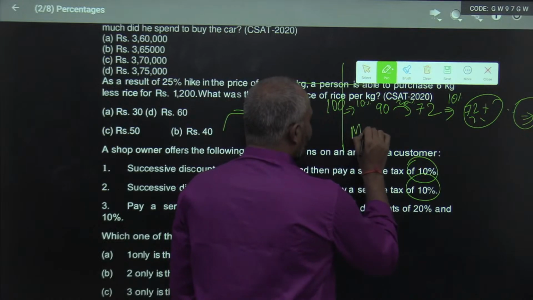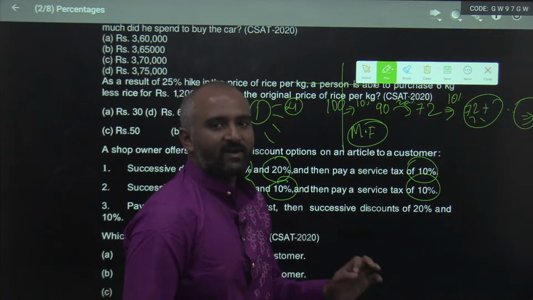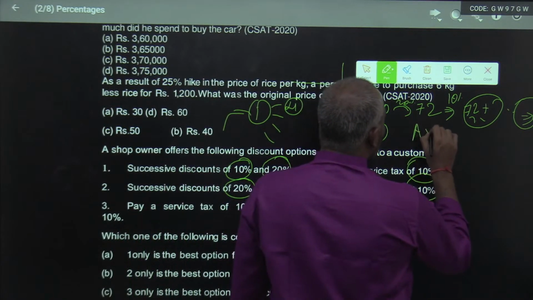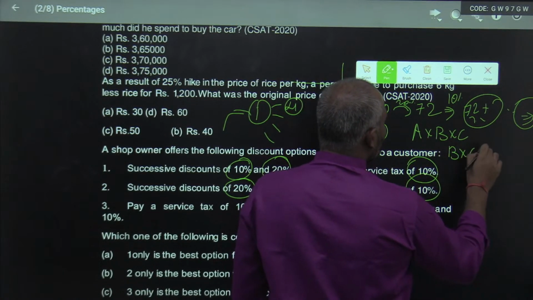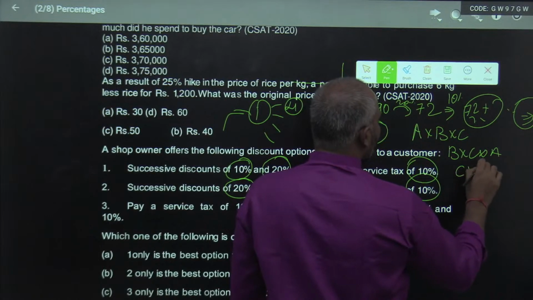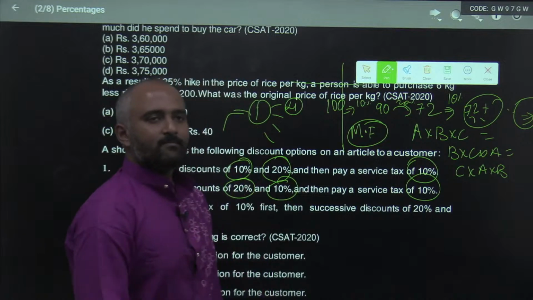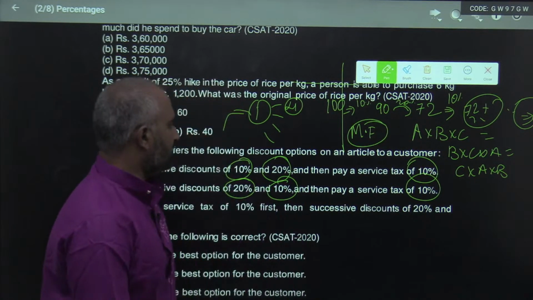If you are able to see this through the lens of the multiplication factor, your multiplication factor is multiplied by the initial value. Either you multiply the factors a into b into c, or b into c into a, or c into a into b. Don't you think the result is always abc?